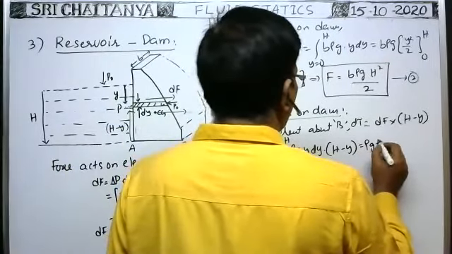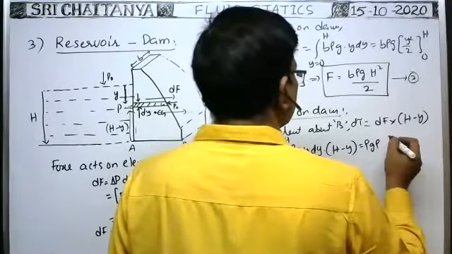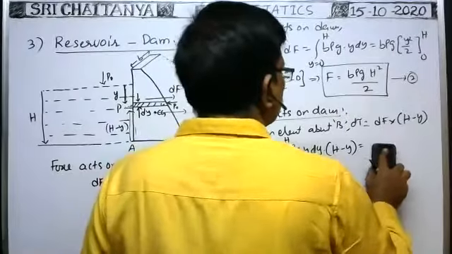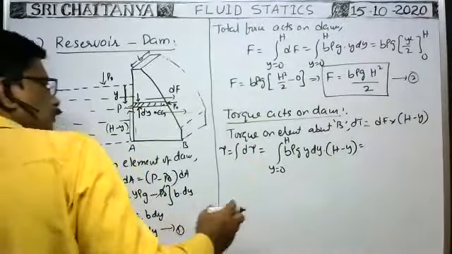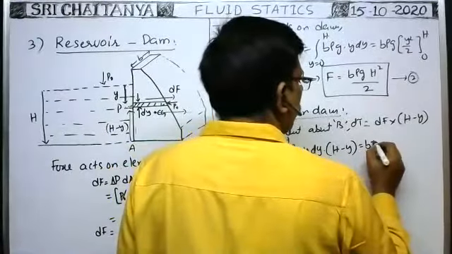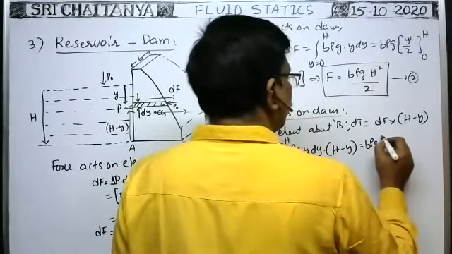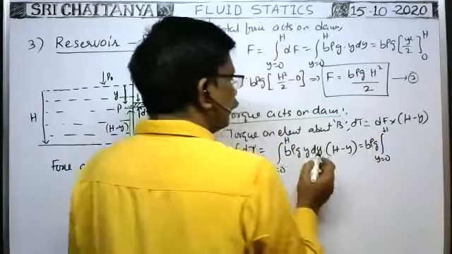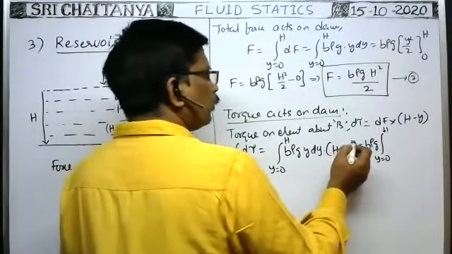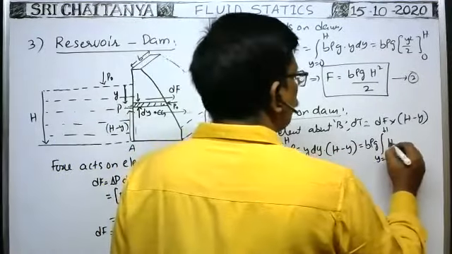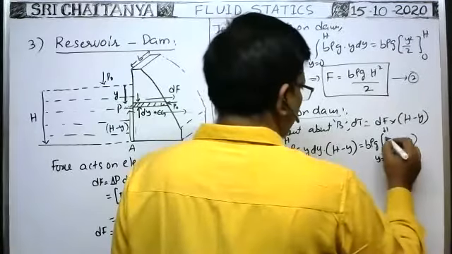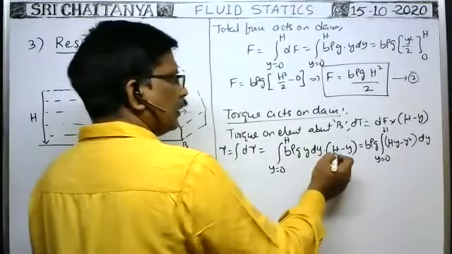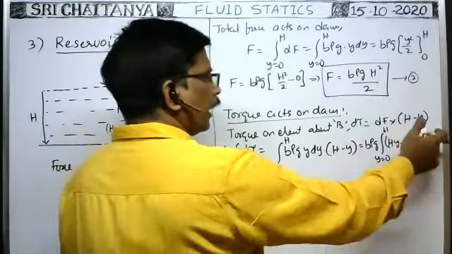B rho g, integral y equals 0 to capital H of y into H minus y into dy. That means H y minus y square, into dy. I multiplied the bracket terms with y and kept them in the bracket, and dy I have written.